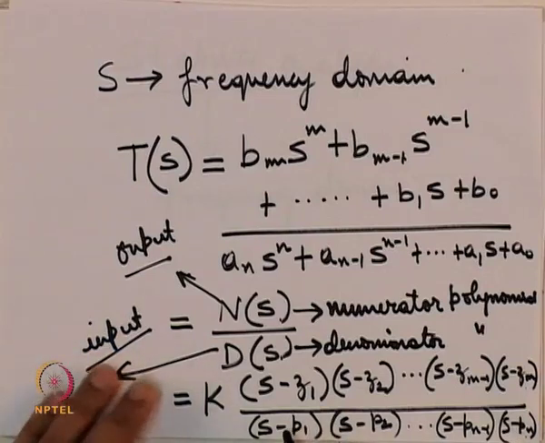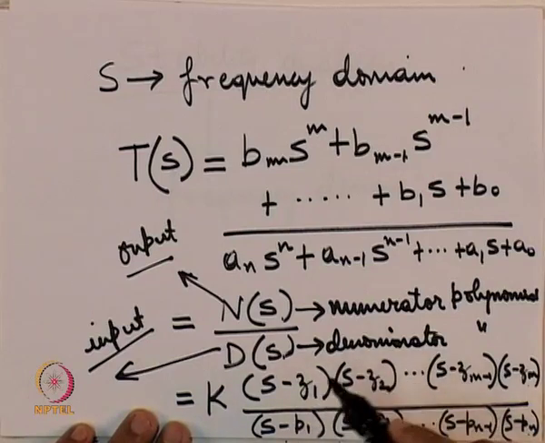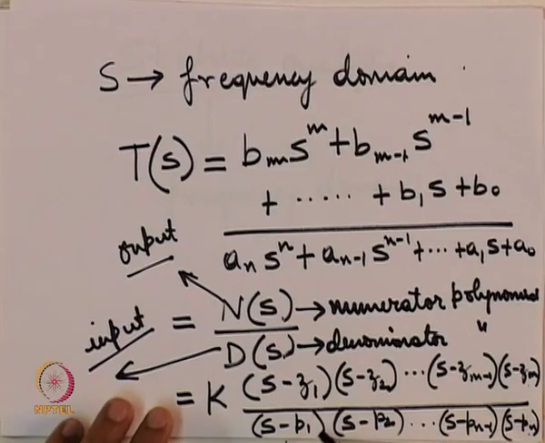Now, if you consider the denominator polynomial, which is now in factorized form, if s is equal to any one of these p1, p2 or pn, then we see that the output will blow up. If we had an input to the system, and if we make s equal to any one of these values, the output will simply blow up, because the transfer function itself becomes very high or infinite for s equal to p1, p2, and so on.